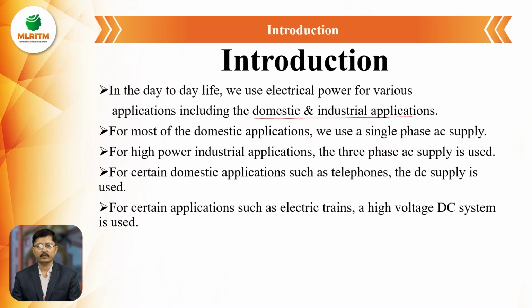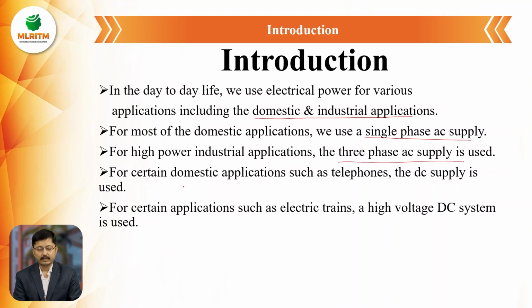Most domestic applications use single phase AC supply, whereas for high industrial and agriculture purposes we can use three-phase AC supply. What is the difference between single phase AC and three-phase AC, we will discuss in coming classes.